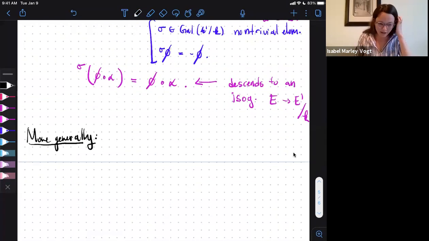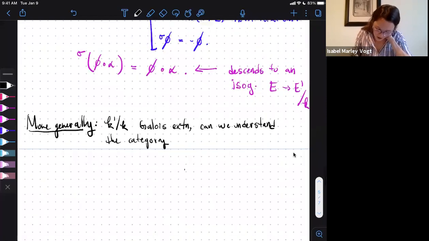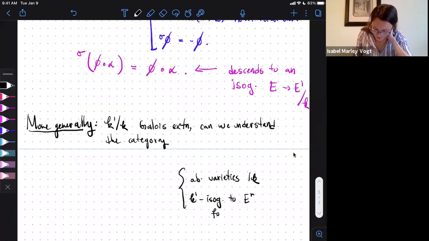And more generally, analogously to how I started the very beginning of the talk, if I have any Galois extension K prime over K, we can ask, can we understand the category of now abelian varieties over K that are K prime isogenous to E to the r for some r?